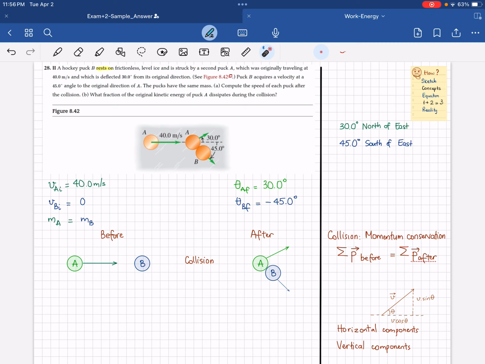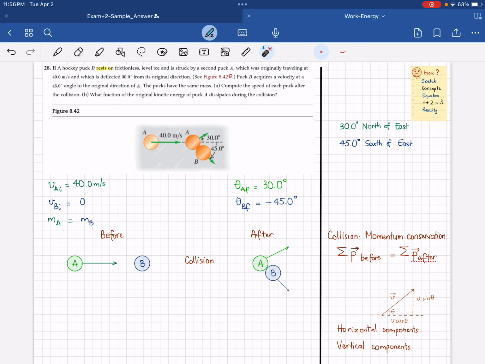So this is a collision, but it's not perfectly elastic because some kinetic energy has been lost, transferred to thermal heat during the collision. Whenever we see a collision, we can apply momentum conservation, which says that the total momentum before the collision equals the total momentum after the collision. Nothing changes in the momentum, but the energy depends on whether it's an elastic or an inelastic collision.